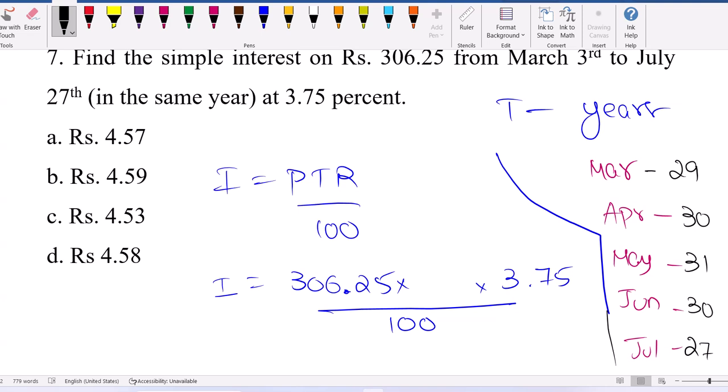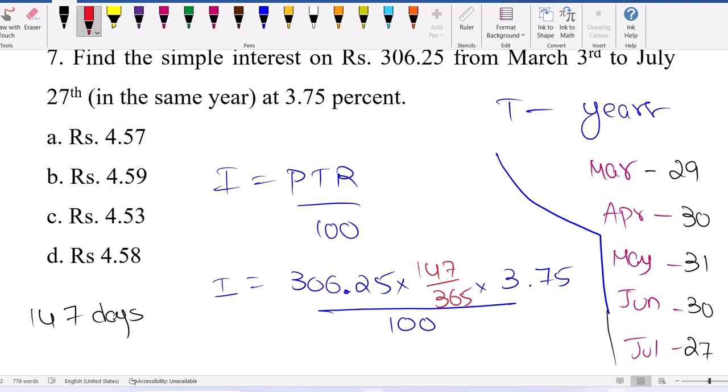Now, in total, how many days? 29, 31, 60, 60 and 60 is 120, 120 and 27, that is 147 days. If you want to convert into years, we have to divide by 365. Why divide by 365?